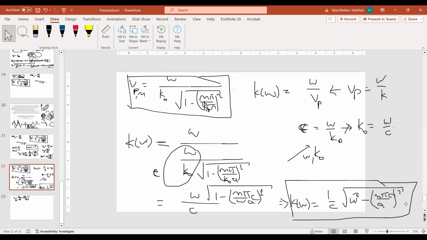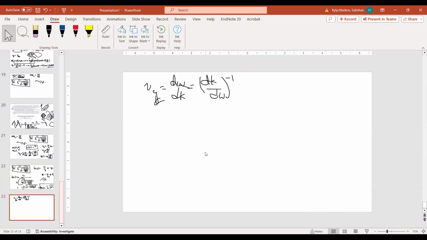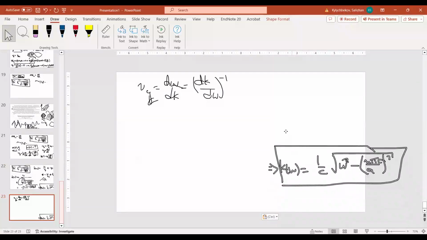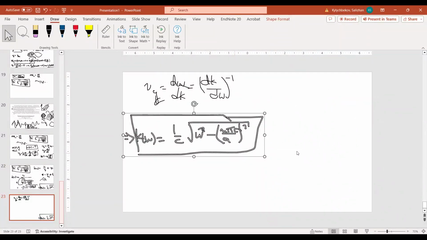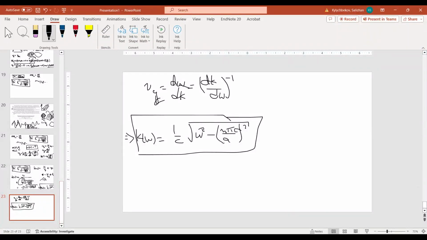So we should take the derivative of this with respect to omega. dk over d omega gives you 1 over c, it's constant.